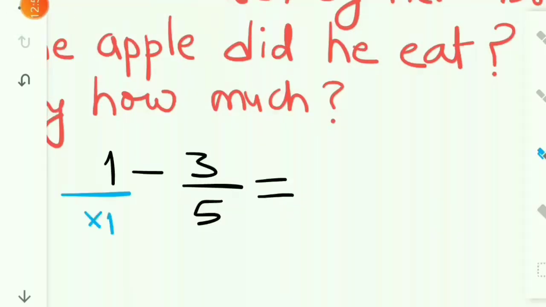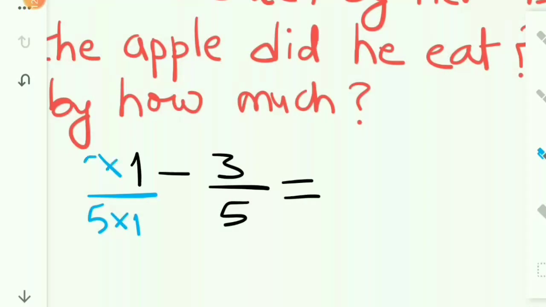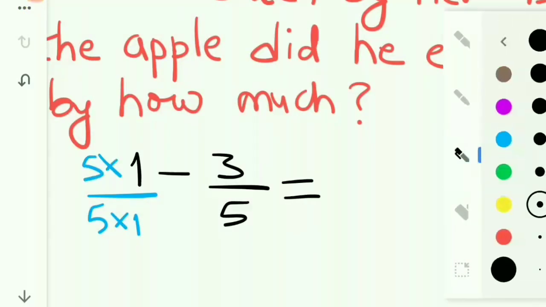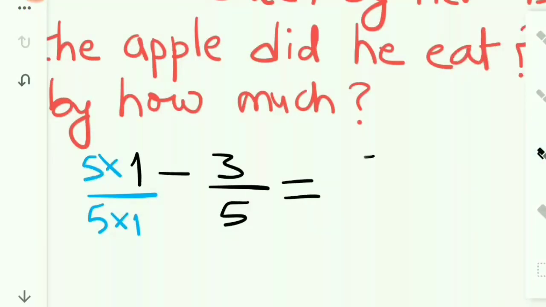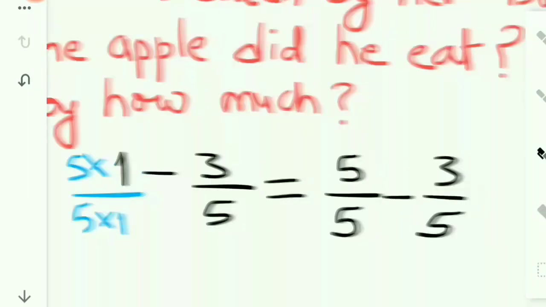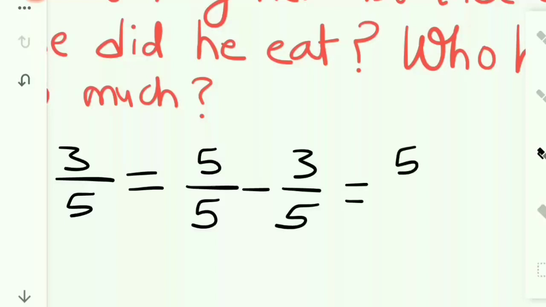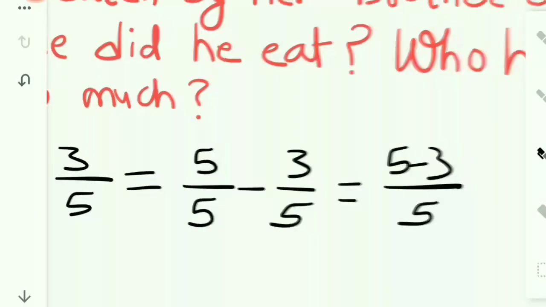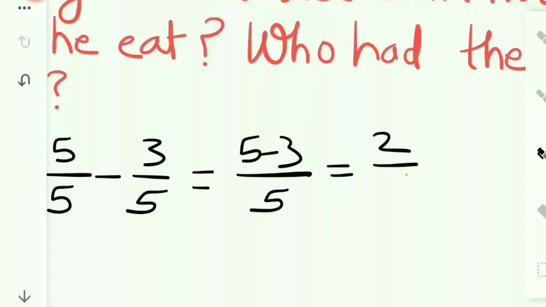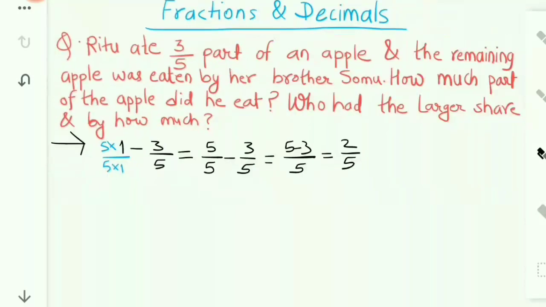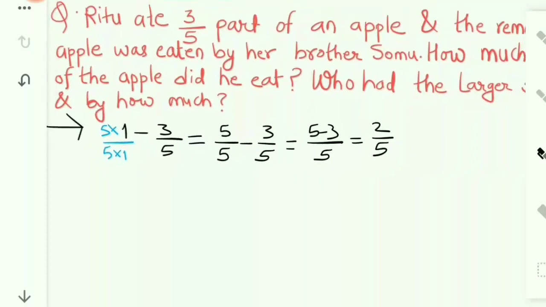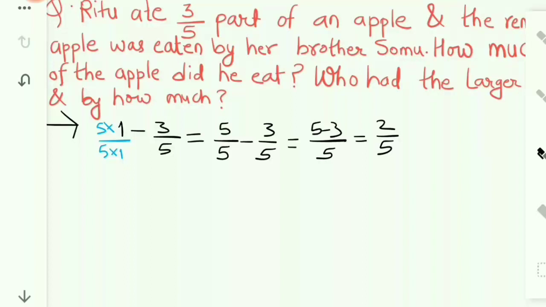1 into 5 equal to 5 by 5 minus 3 by 5 equal to 5 minus 3 by 5 equal to 2 by 5. So which is greater? 3 by 5 is greater or 2 by 5 is greater?